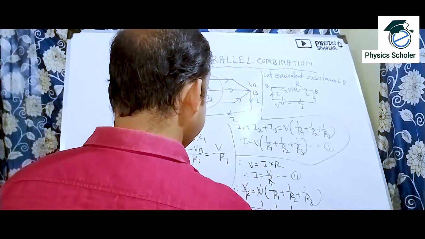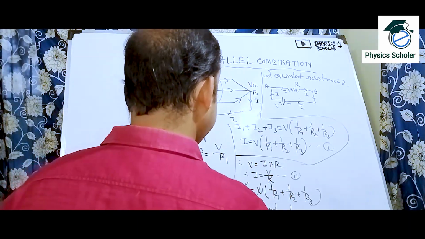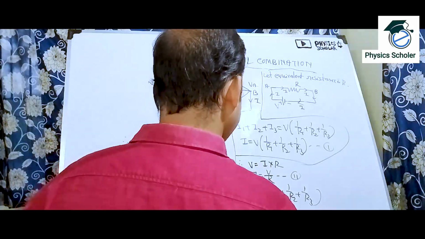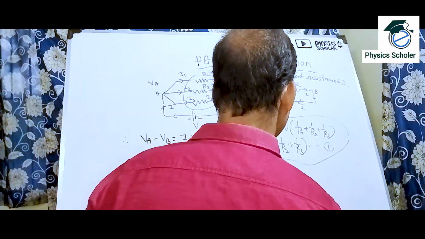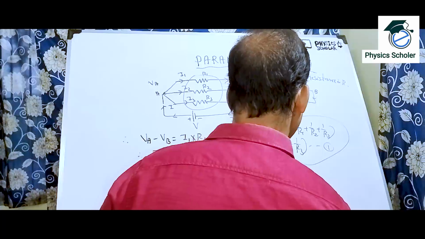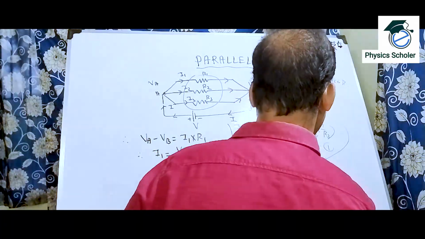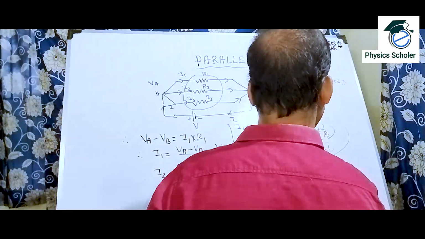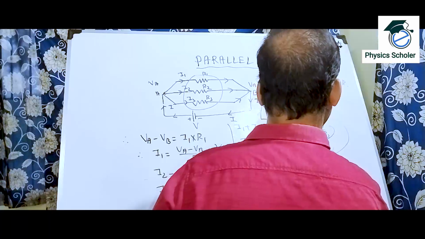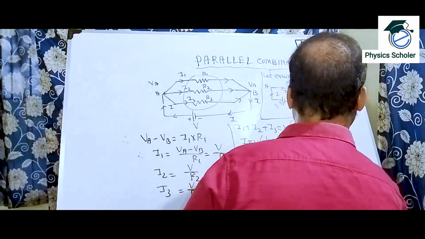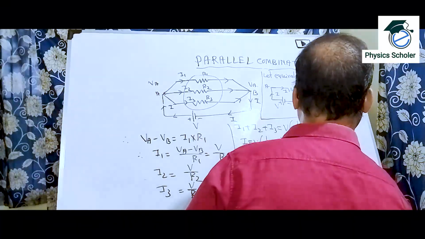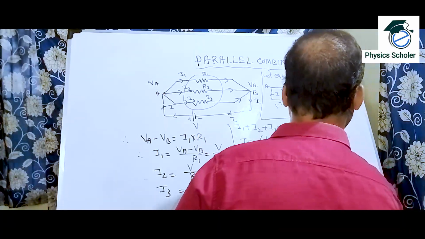If there are n number of resistances, what will be the equivalent resistance? 1 by R is equal to 1 by R1 plus 1 by R2 plus 1 by R3 plus and so on up to 1 by Rn. So that will be the equivalent resistance.